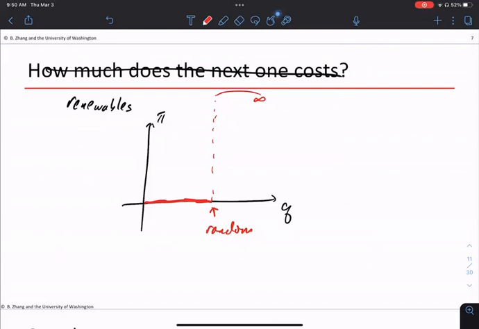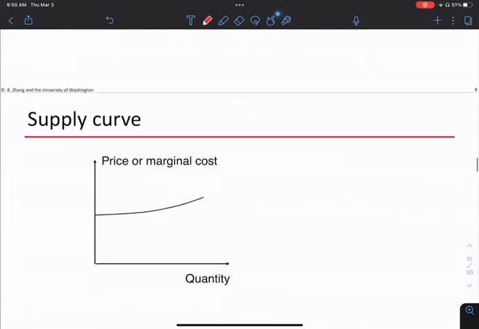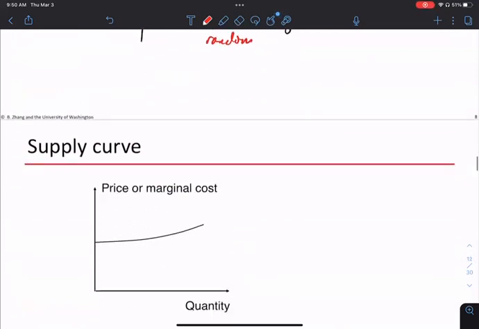All right, so on the supply side, think of this kind of curve in mind. In more generic terms, we can look at the supply curve as price or marginal cost versus quantity, and this goes up. This is called a supply curve.